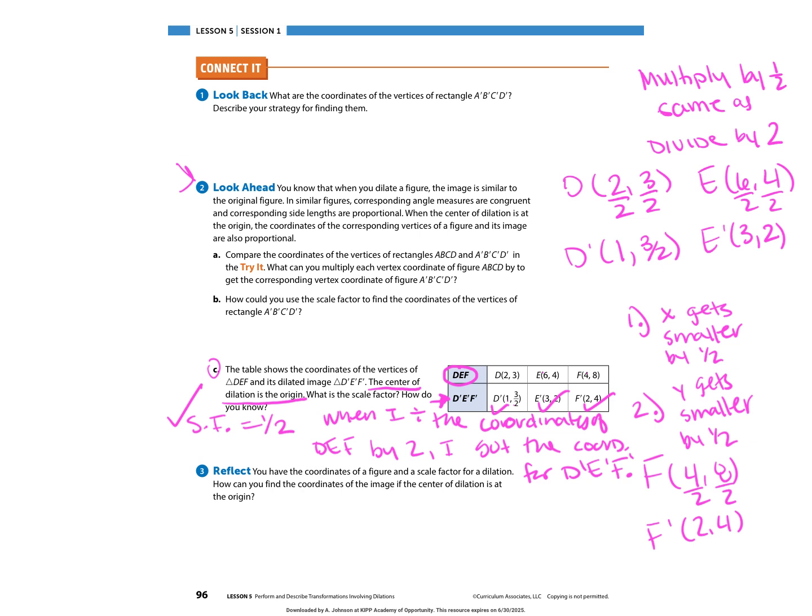So I know it works because when I multiplied each shape by half or divided each shape by 2, I got the new coordinates for the image. So I know it works because it gave me the points that I was supposed to have.